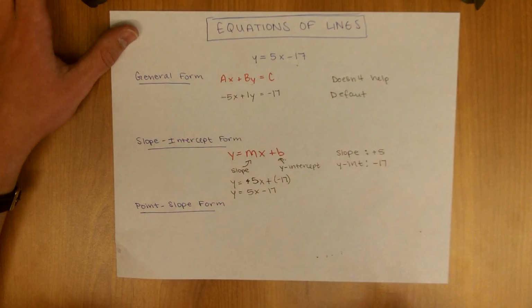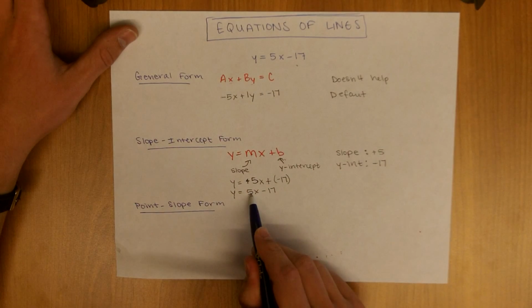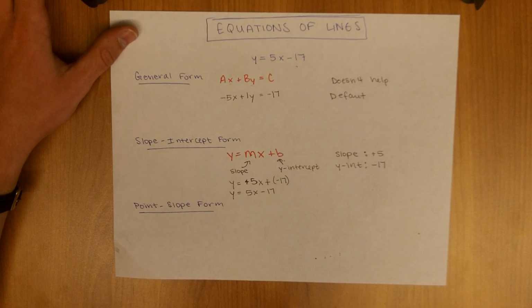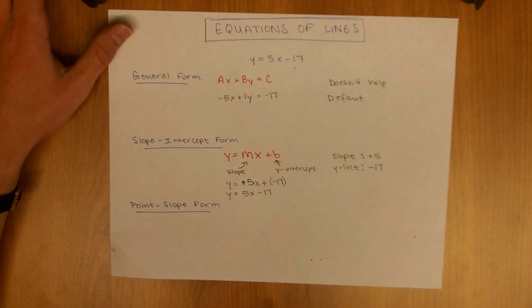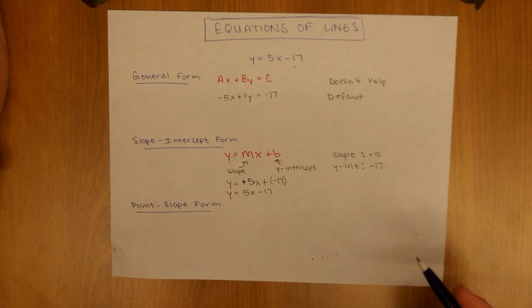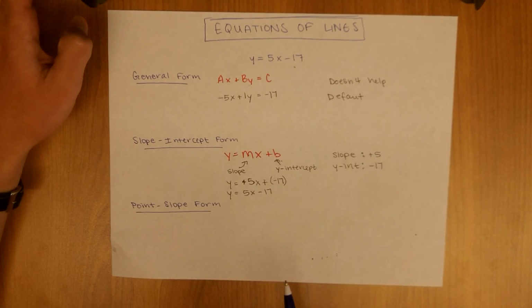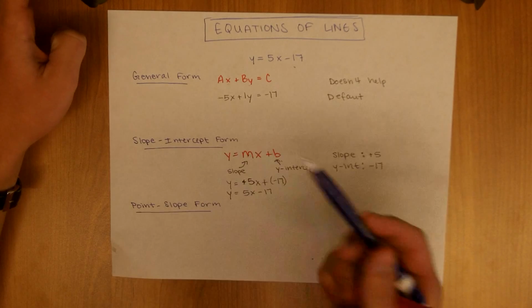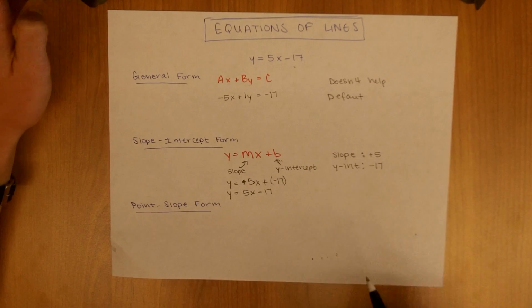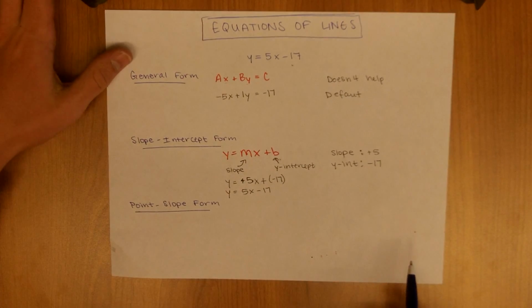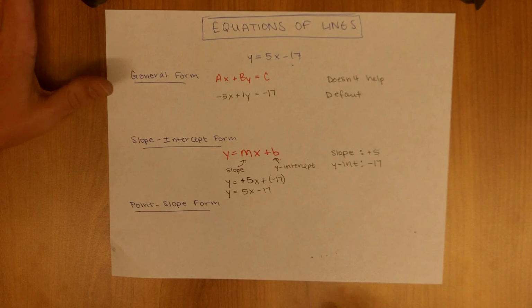Our starting equation. So you can see that the 5 is the slope, and the negative 17 is your intercept. All right. The purpose of this one is, if you're given a slope and an intercept, you can use it to write an equation. Where the general form, it doesn't really have a purpose. To me, it doesn't have a purpose besides it's the default setting.